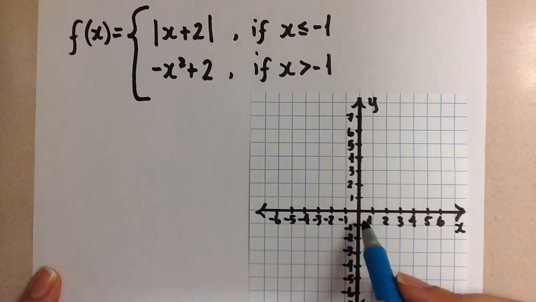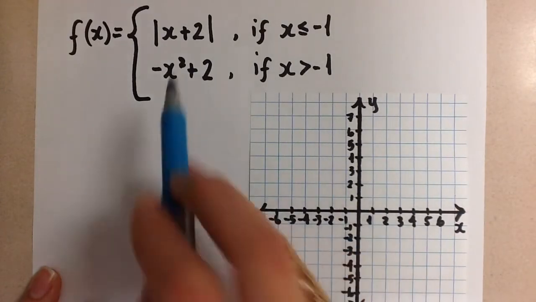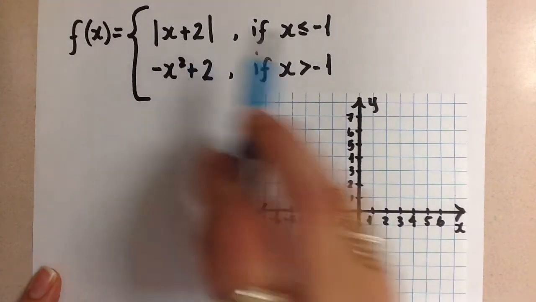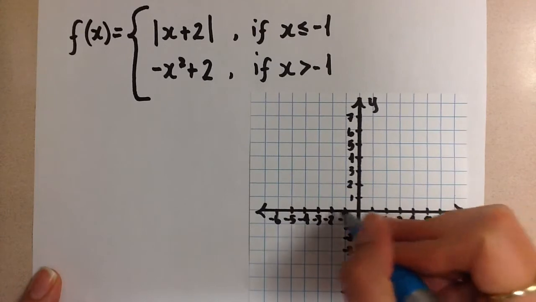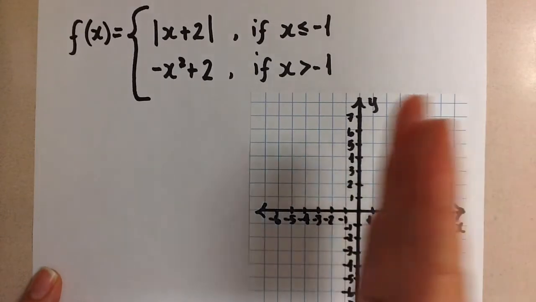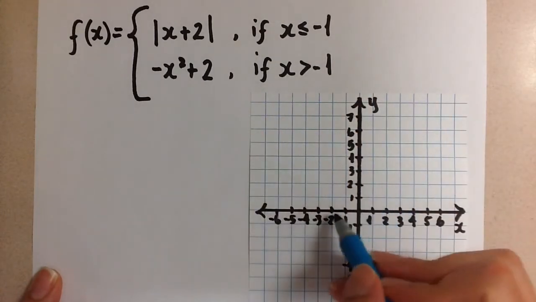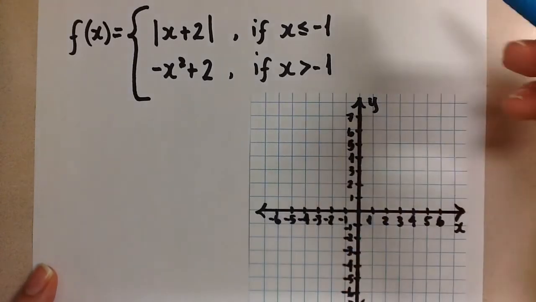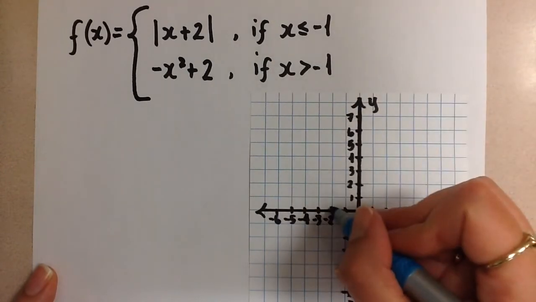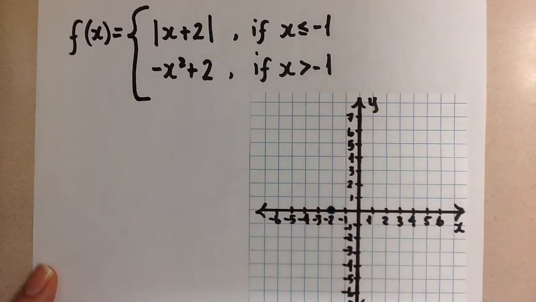If we move that over to the left 2 units because of this horizontal translation, then it's going to look like the same parent function moved over. The vertex will now be at this point, -2, 0, and we can graph that.